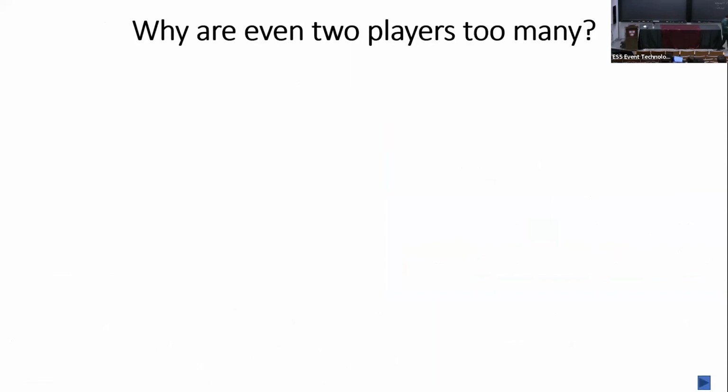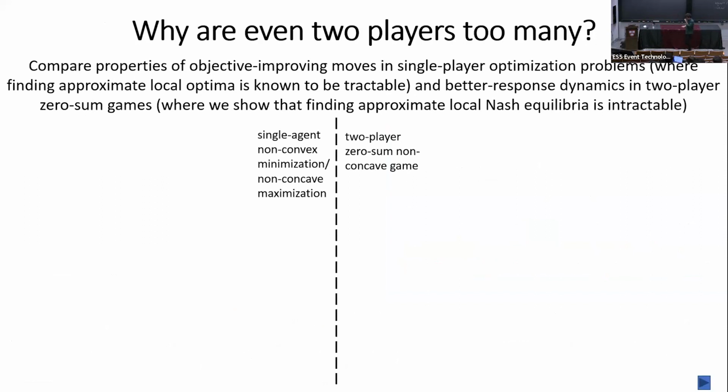And for the intuition, I want to compare the two settings of interest here. I want to do a comparison between single agent optimization settings. So I want to compare non-convex minimization, which is the same as non-concave maximization, on one side.